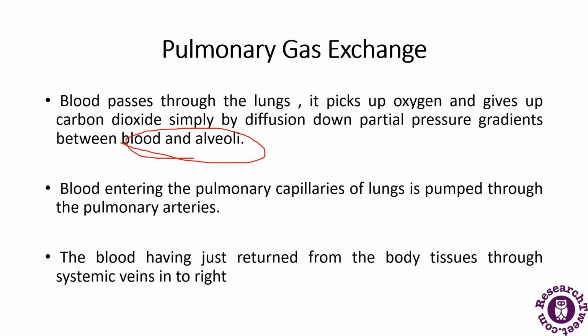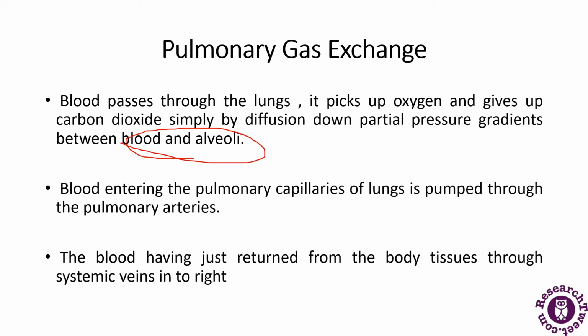So the blood that is entering the pulmonary capillaries of the lungs is pumped through the pulmonary arteries. So this blood has just returned from the body tissues through systematic veins into the right atrium, and it is relatively low in oxygen, with a partial pressure of about 40 mmHg.